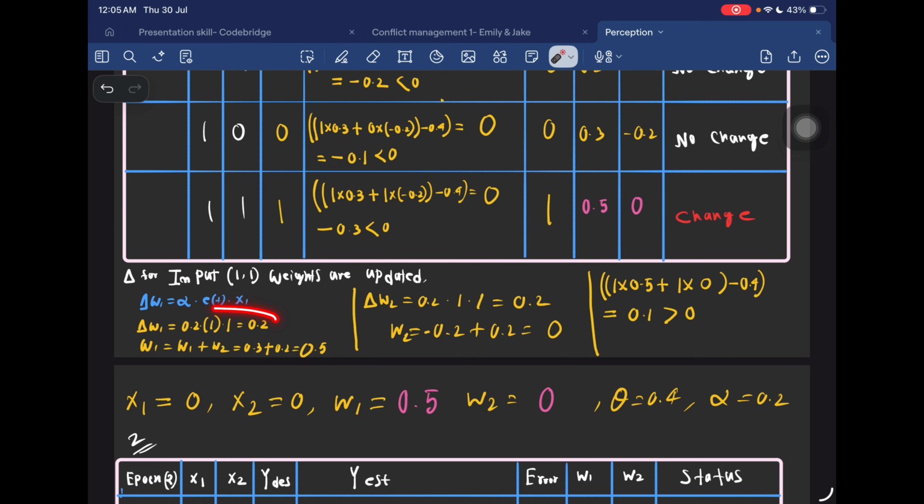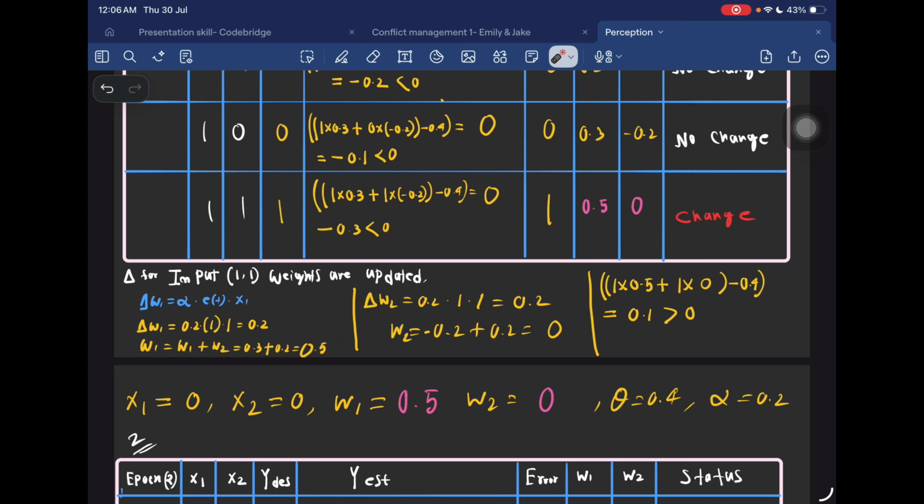So delta W1 comes as 0.2. Then W1 is already 0.3 and our delta W1 is 0.2, so the value becomes 0.5.